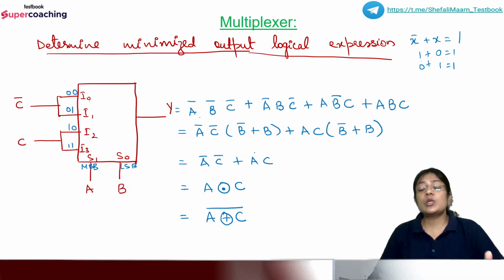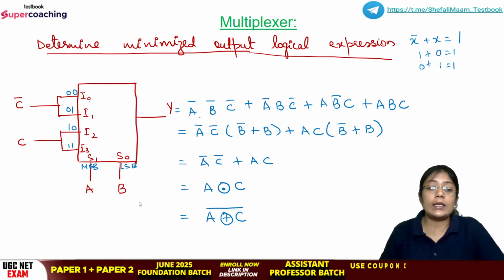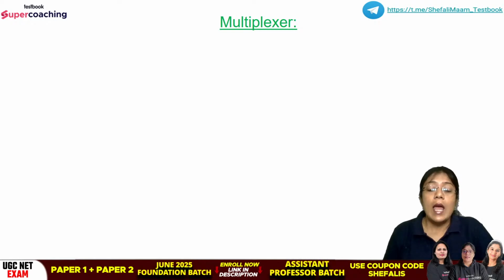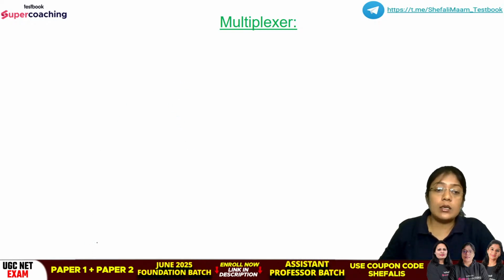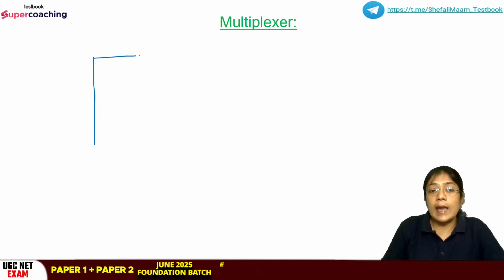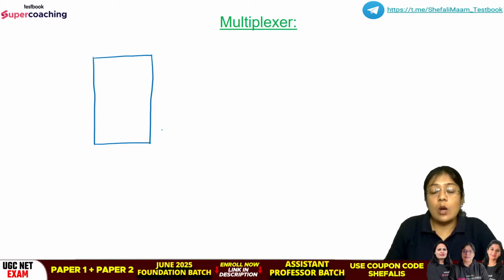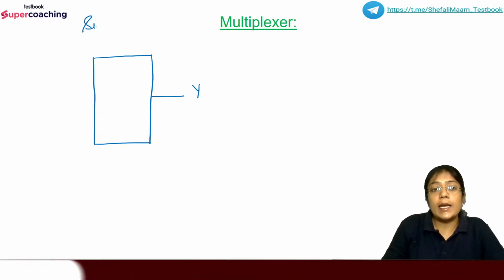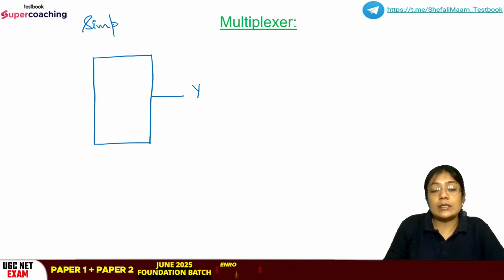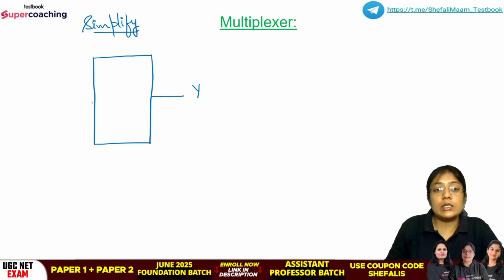तो मिनिमाइजेशन पे क्वेश्चंस बहुत बार आते हैं. एक और क्वेश्चन की प्रैक्टिस करते हैं, then will end this discussion here. I'm giving you one multiplexer with 4 input lines and 1 output line, and you are supposed to simplify the given multiplexer. ठीक है जी.